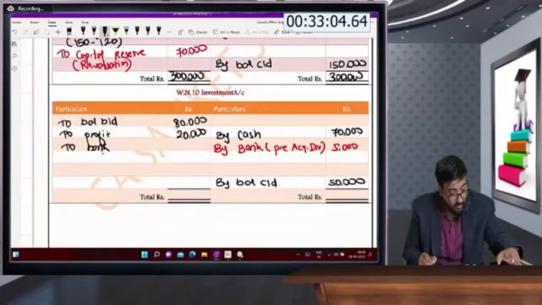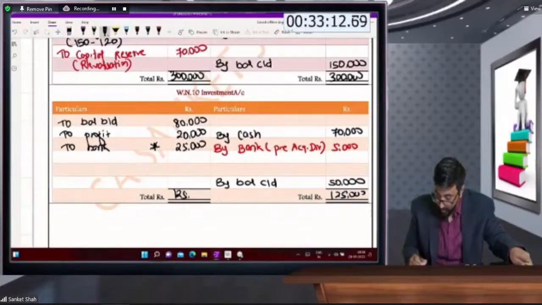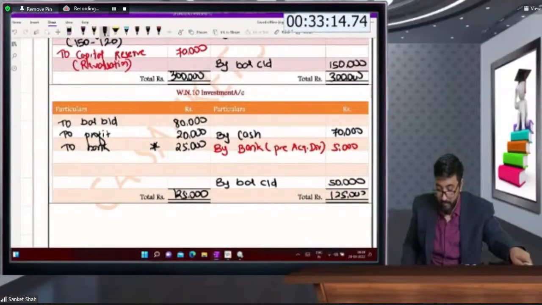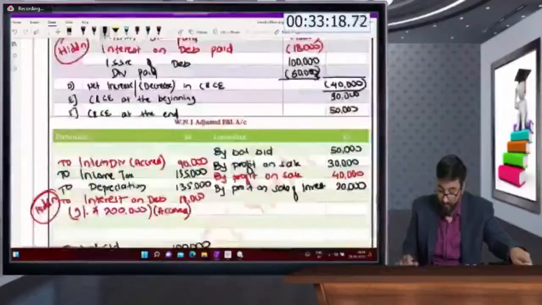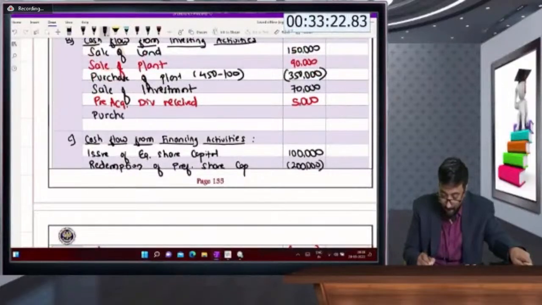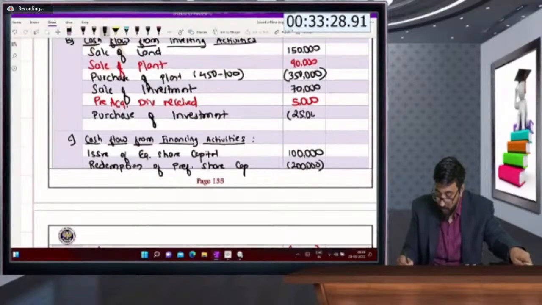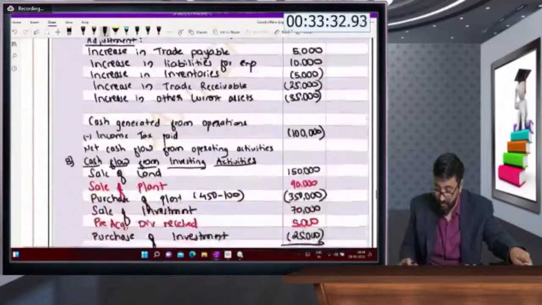To bank, it's 25,000; 1,25,000 is the total. So to bank 25,000 and purchase of investment negative 25,000. 20 marks question आएगा ये आया तो.